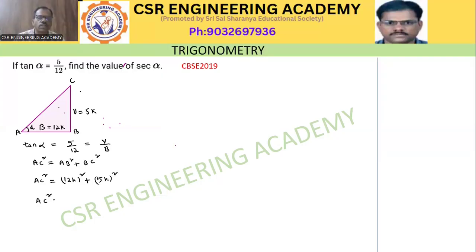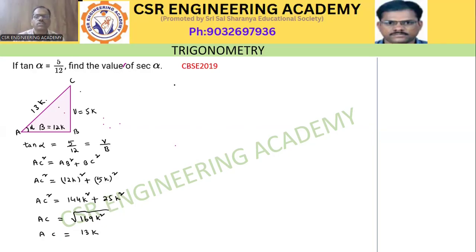AC square is equal to (12K) whole square, that is 144K square, plus (5K) whole square, 25K square. AC is equal to root of 144K square plus 25K square, 169K square. AC is equal to root of 169, that is 13, root K square, that is K. AC is equal to 13K.